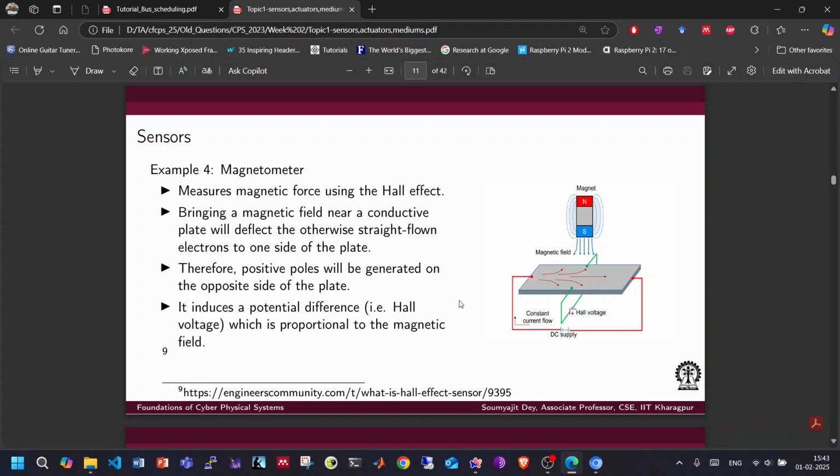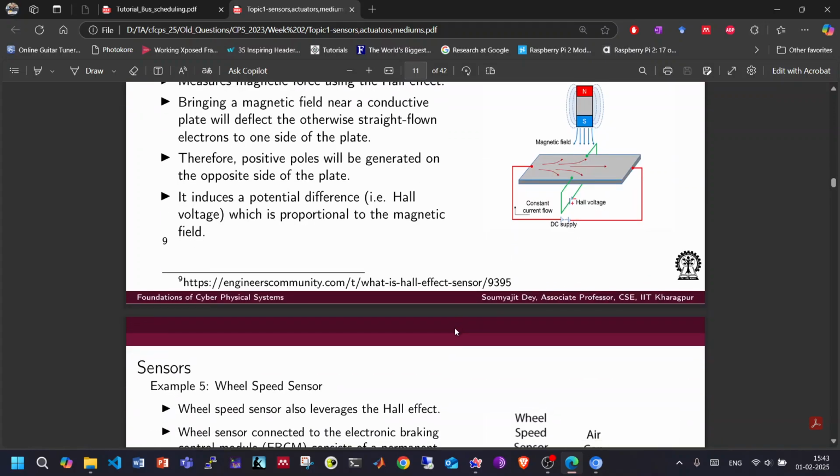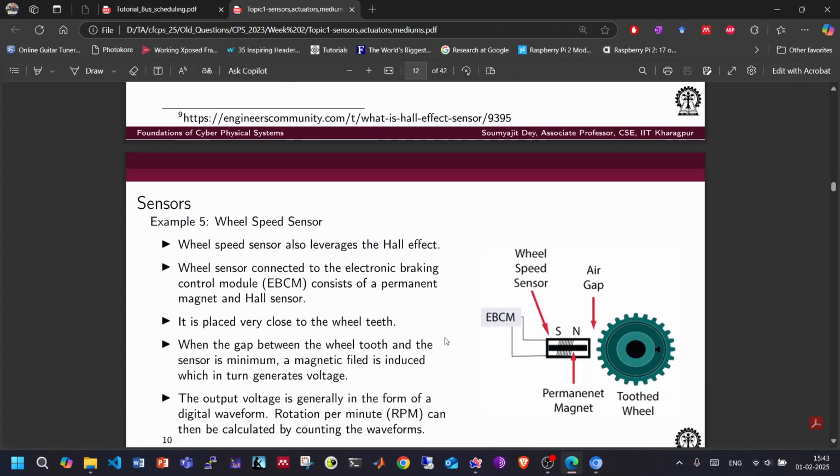That is what we measure using a magnetometer, by measuring the amount of current flow or the Hall voltage across the material or sheet that we are using. So basically we understand the amount of magnetic field that we are facing. Again, this is one way to do it. There are other ways to do it.